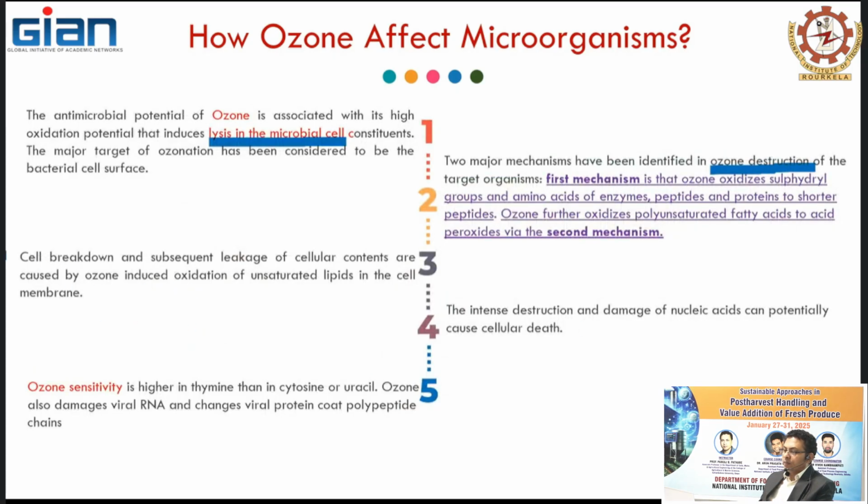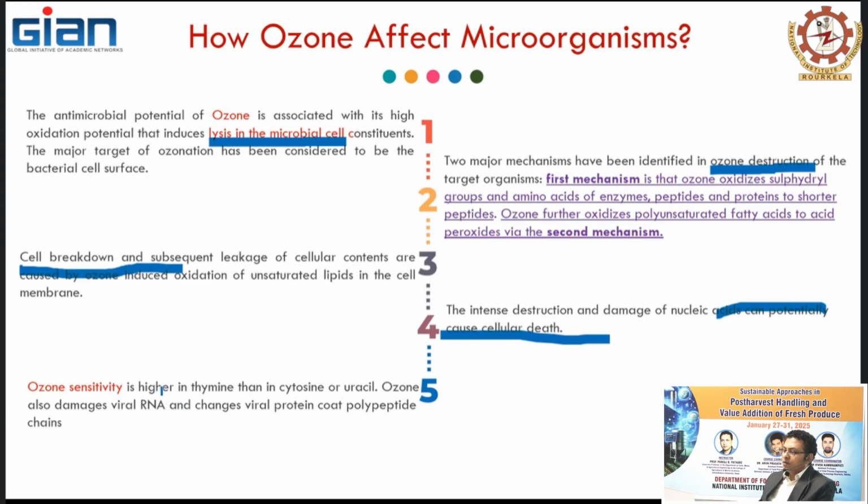Now, in the process of oxidation, there is cell breakdown and leakage of cellular contents, causing oxidation of the unsaturated lipids in the cellular membrane, and this may indirectly link to cellular death.